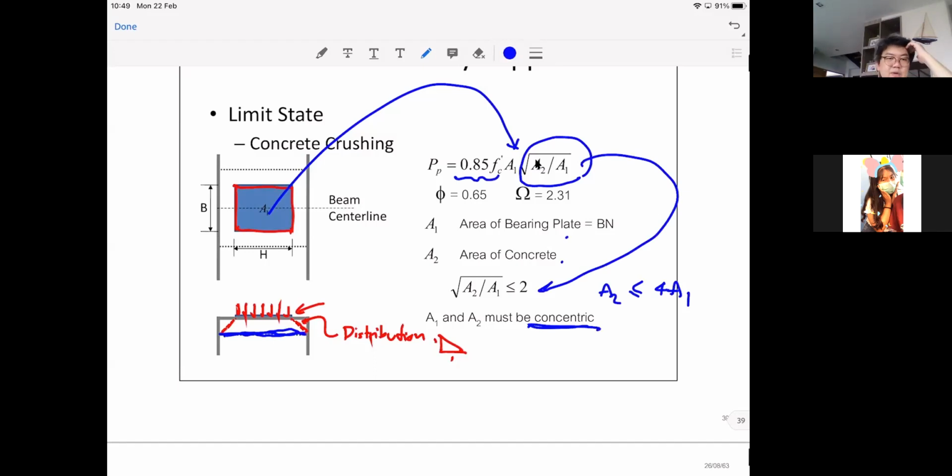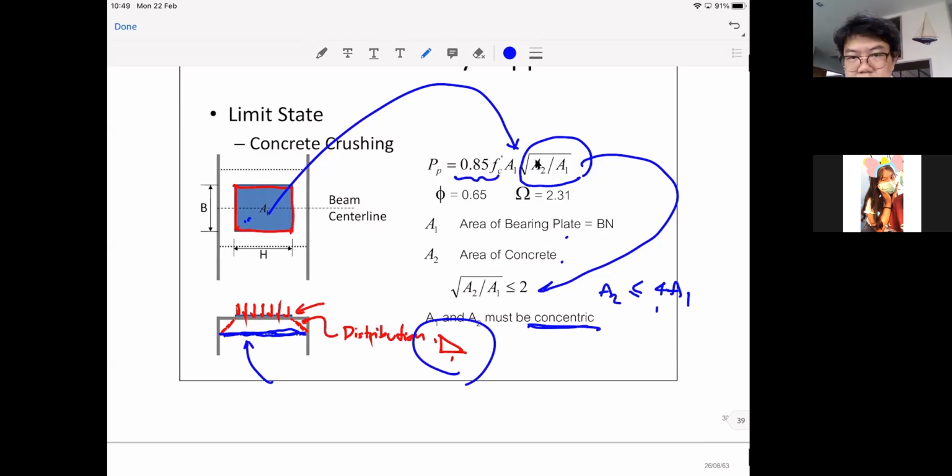So that is the concrete crushing. You need to find the area of the concrete that is big enough so that the concrete will not fail. But the model that we use is that the concrete will not fail right at the surface where the area is equal to A1. The failure will occur somewhere underneath. And we could use the distribution of 1 to 1 to find the area A2. But we have the limitation that A2 should not be greater than 4 times A1.